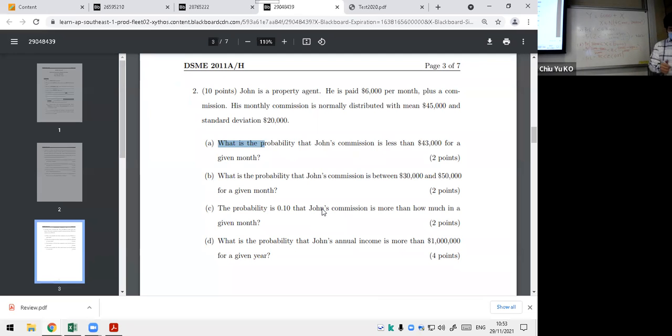So it's between 0.25 and 0.75, right? So let's look at the table, 0.75 and 0.25.